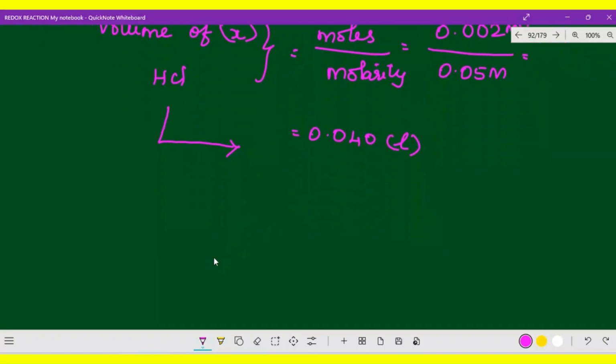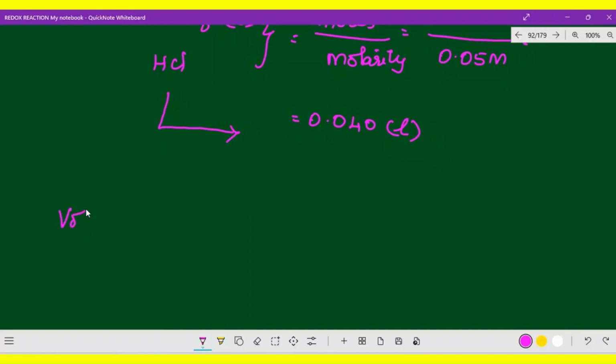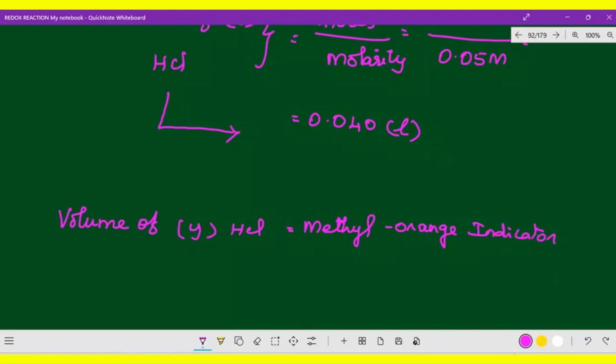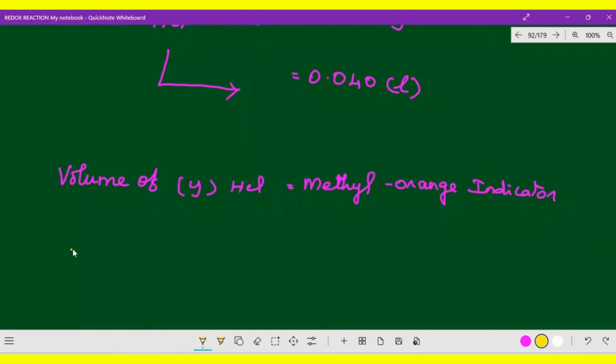Now we have to identify the volume of Y HCl. So how to identify this? For that, what indicator we are using? Methyl orange indicator. So here methyl orange indicator, the reaction is completely neutralized, both the carbonates and bicarbonates, right? So the required HCl, how much actually?